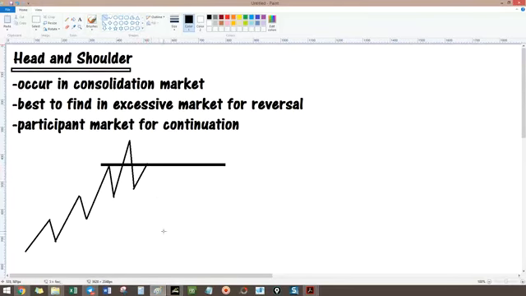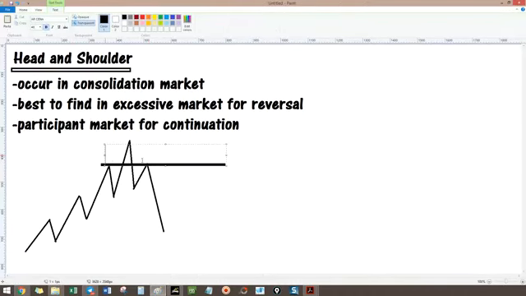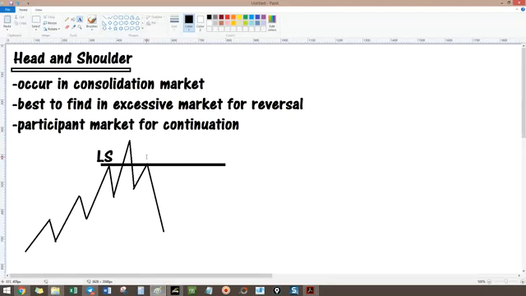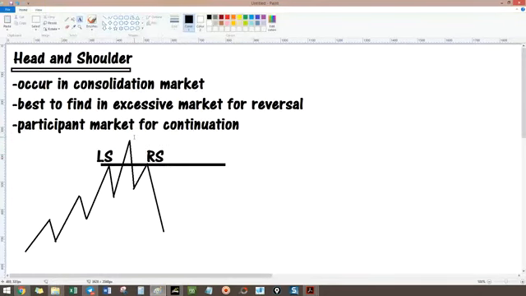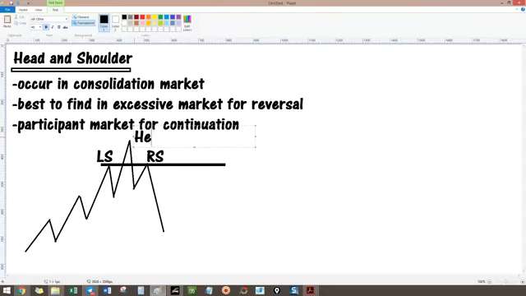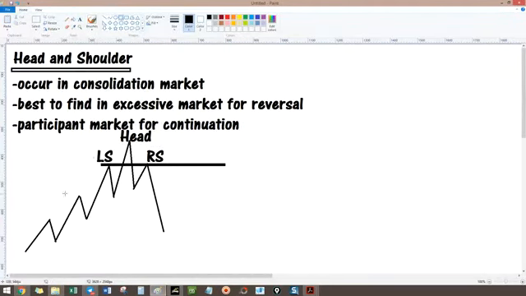One, two. Okay, over here is left shoulder or LS. Over here is RS. Over here is head. Okay, so you have left shoulder, head, and a right shoulder. Usually it will look something like this.